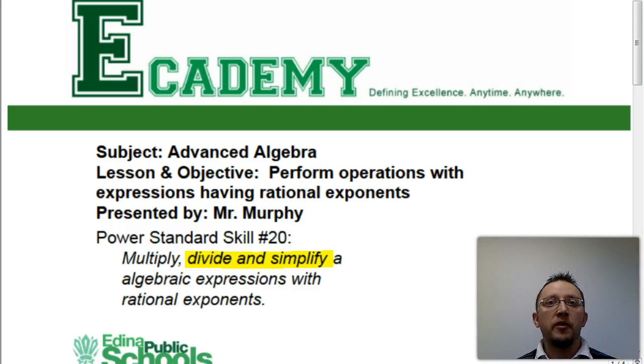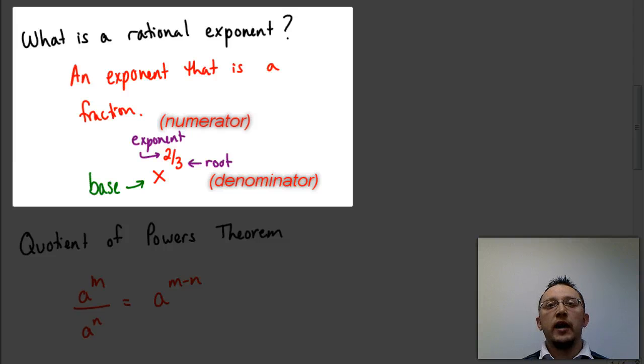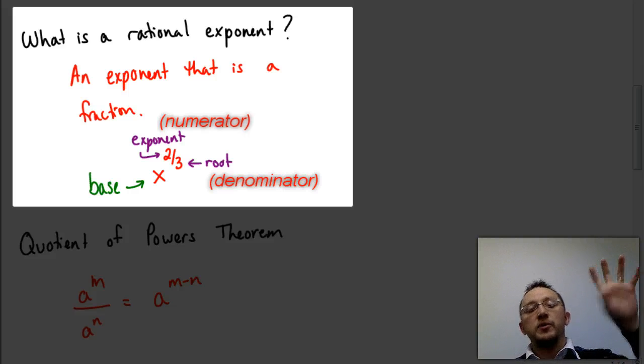To begin with, I just want to review what a rational exponent is, even though that might be fresh in your mind from the last video. A rational exponent is where we have an exponent that's a fraction. Remember, we have a couple of parts here. We have the base, the item sitting on the ground, and then we have the exponent up in the air.